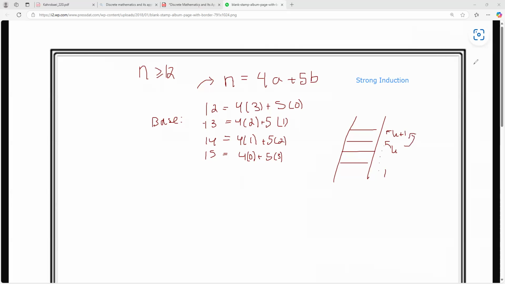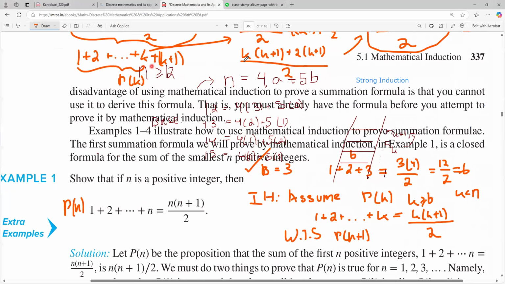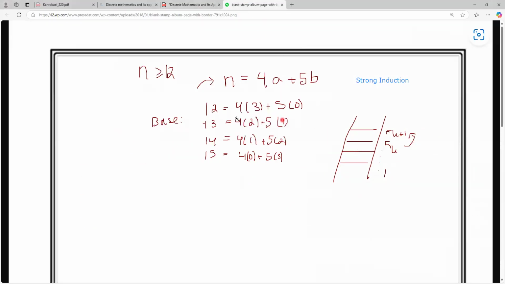In most cases, when it comes to induction, you only need these two cases, k plus 1 and k, such as here, right? We proved k plus 1 using k. But in this example, I'll show you why we can't really do that. This is our base case. So now our inductive step: we want to prove that for any k, we know that P of k is true, so k can be expressed as 4 times a plus 5 times b, right?